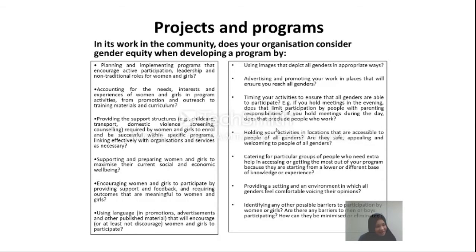Seven, using images that depict all genders in appropriate ways. And eight, advertising and promoting your work in places that will ensure you reach all genders. Ninth, timing your activities to ensure that all genders are able to participate.